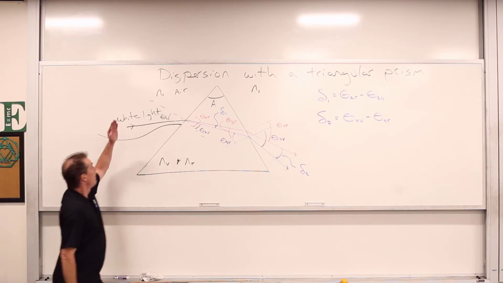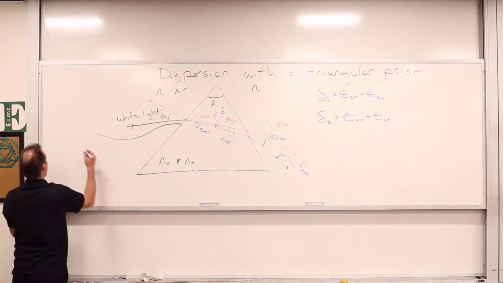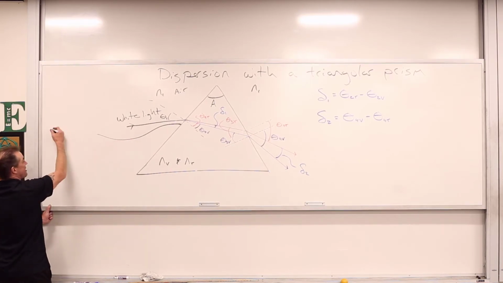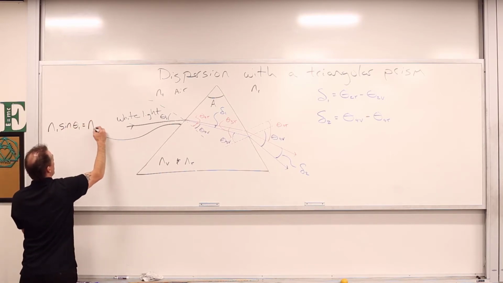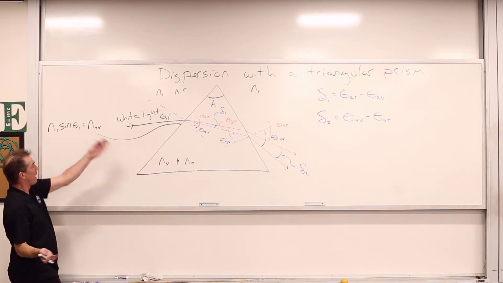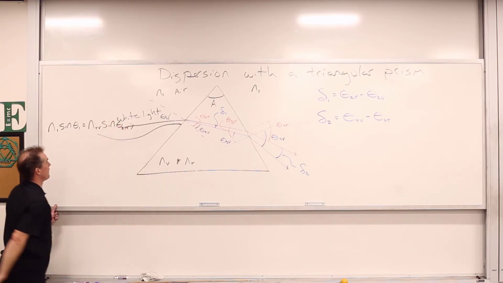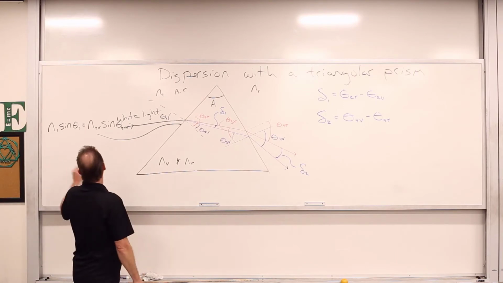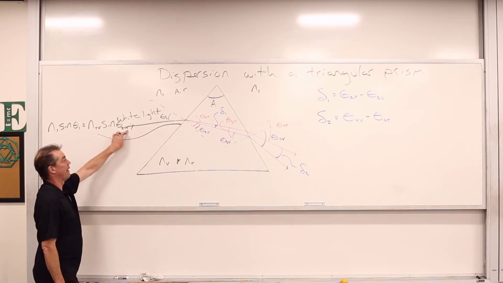So we're going to go from air into the prism, this entrance boundary here, and we've got, just in general, N1 times the sine of theta 1 is equal to N sub RV, for either red or violet, times the sine of theta 2 RV. So we're using red, we're getting the red angle, we're using violet, we're getting the violet angle.